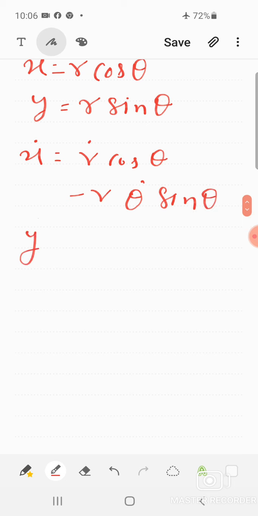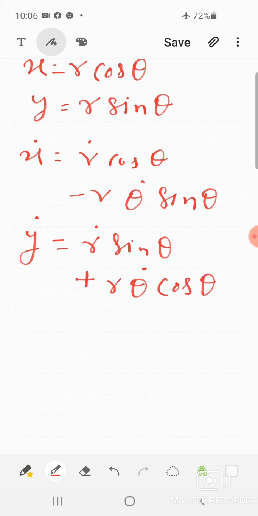Similarly, y dot will be equal to r dot sine theta plus r theta dot cos theta. These are the generalized velocities along x and y.